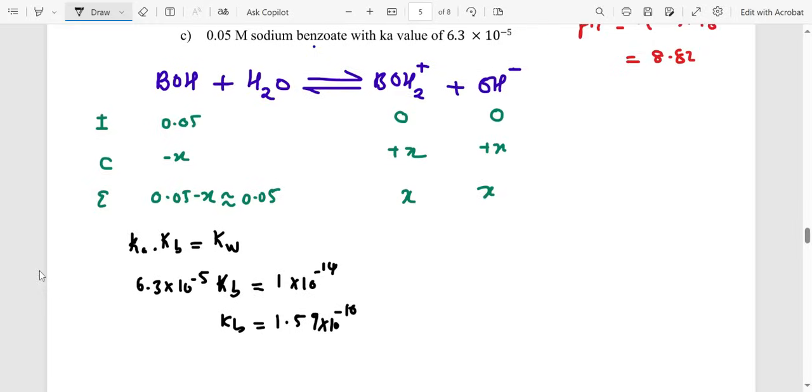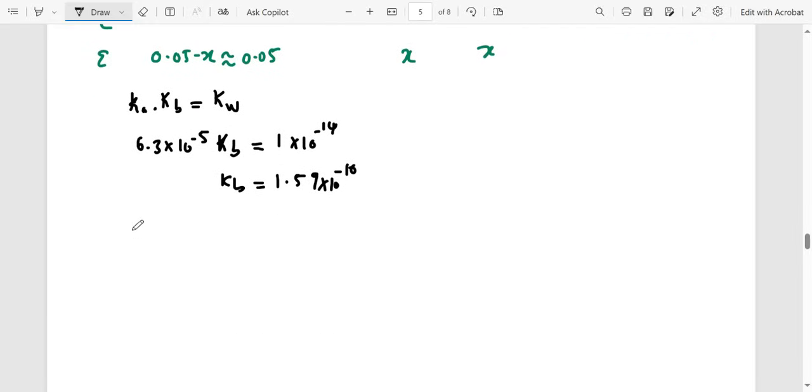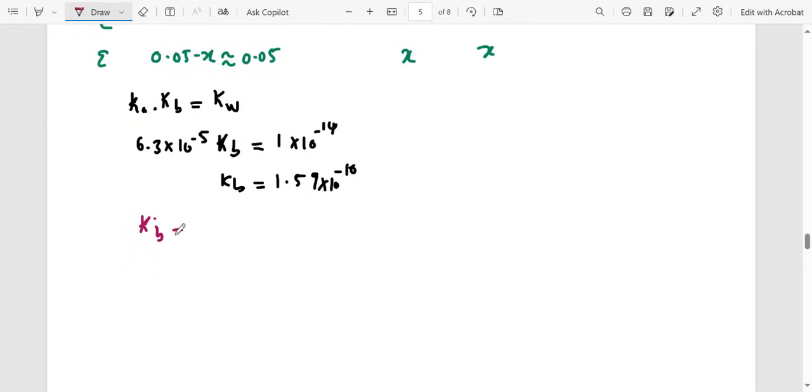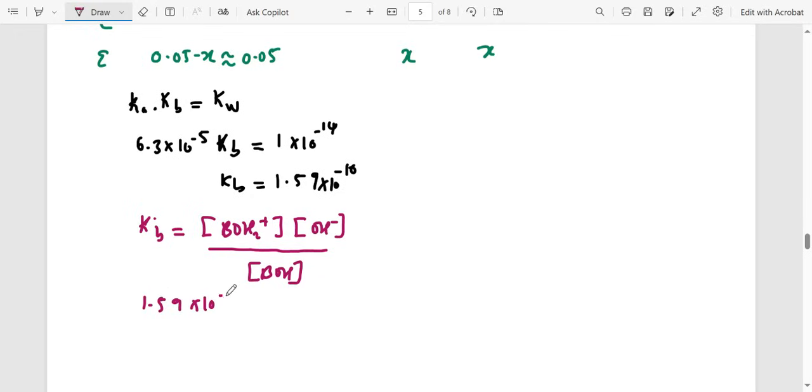Now that we know the Kb, we can now say Kb is equal to the concentration of the products: BOH2 positive multiplied by hydroxide divided by BOH, and the Kb is 1.59 times 10 to the power negative 10, which is going to be equal to X, which is the concentration of the conjugate acid, times the concentration of the hydroxide divided by the concentration of the base at equilibrium, that's 0.05.